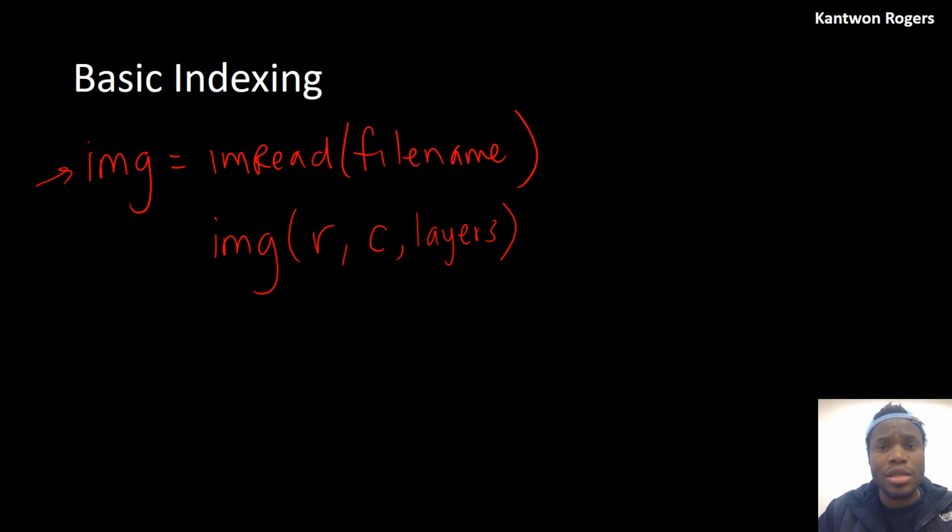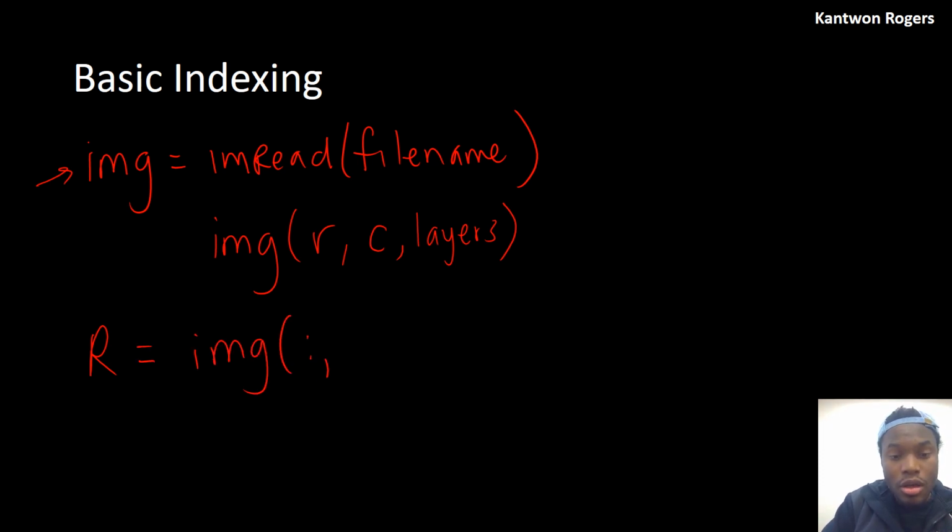For instance, let's say I wanted to get all the rows and all the columns of the first layer of my image. That would just be my red layer. In that case, I could say R is my image, I want all the rows, so I'm using colon, all the columns, colon, and for the layers, if I just want the first one, I can just put a 1. So now inside of R, this is a one-layered array of just my red values that I had in my image.